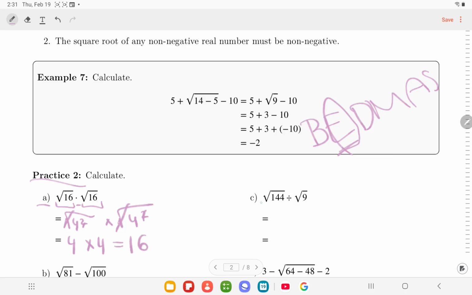For B, same thing, we do the roots first before the division. So the root of 144 is equal to the root of 12 squared divided by the root of 9, which is the root of 3 squared. So we end up with 12 divided by 3, which is 4.